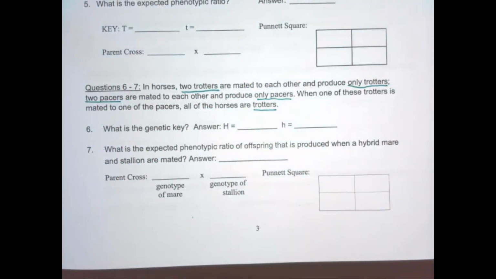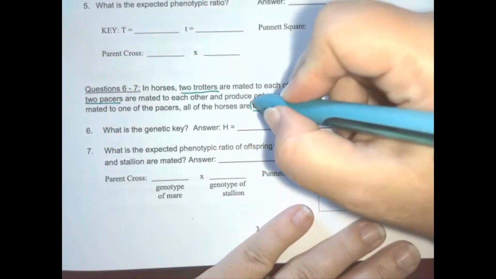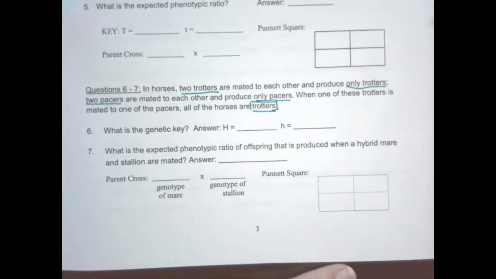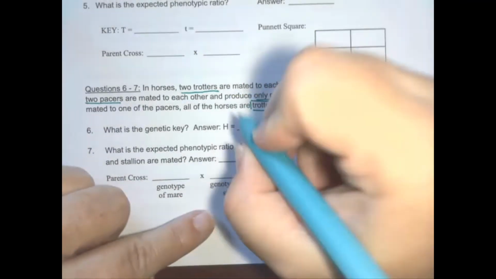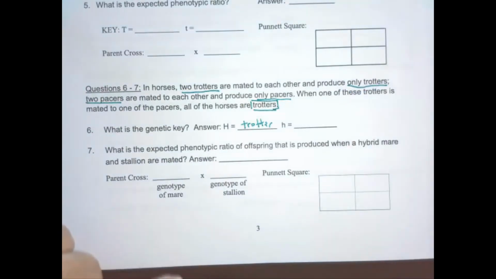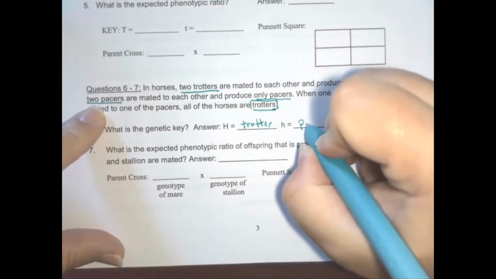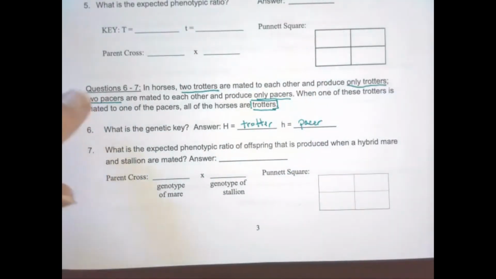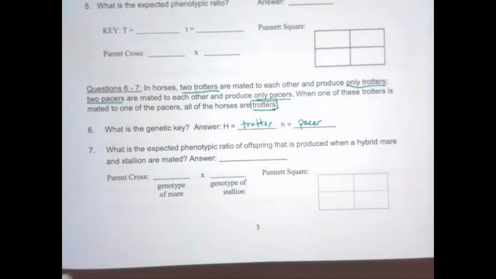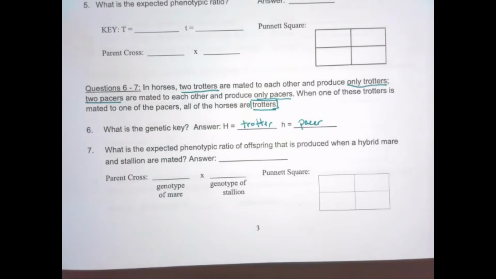Okay, so this is telling me that the trotters, because that was mated with a pacer and we saw trotters, that is the dominant. So big H here is going to be the trotter. Little h here is going to be the pacer. Okay, so trotters were dominant because they were seen when they mated it with a pacer, and the pacers are going to be the recessive.